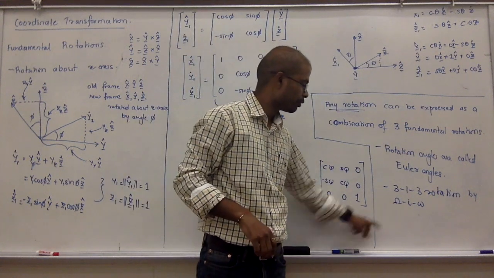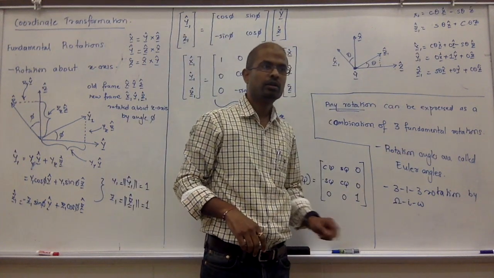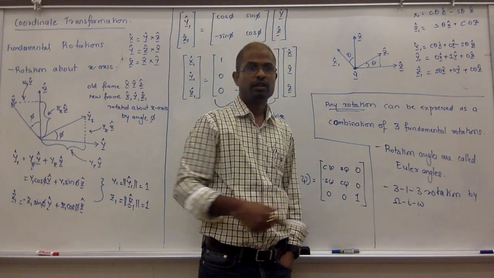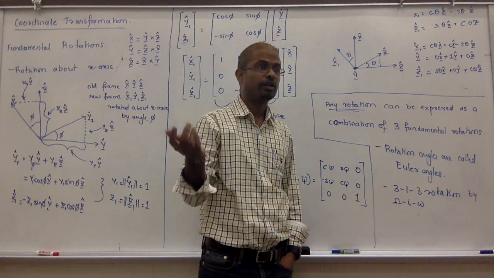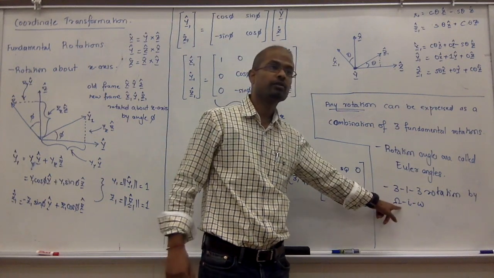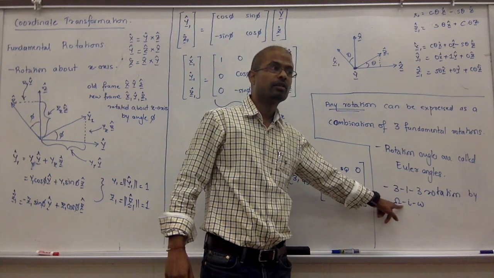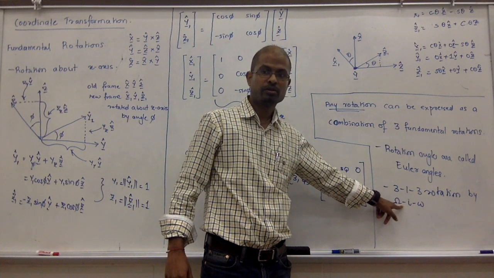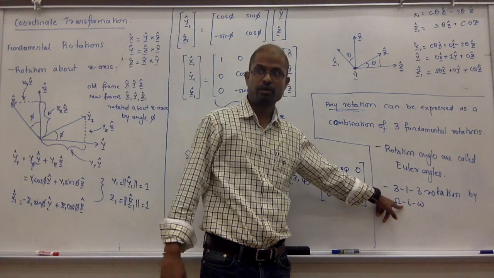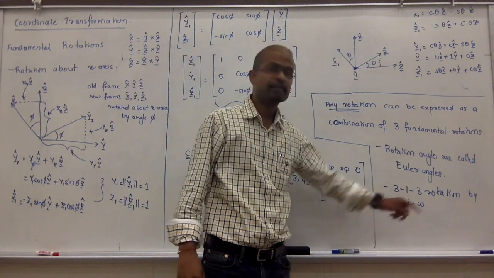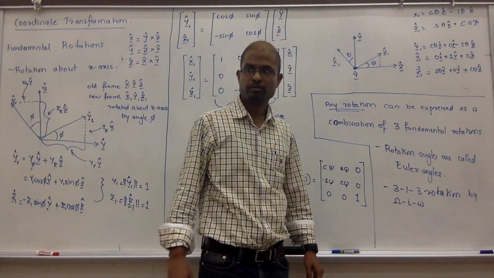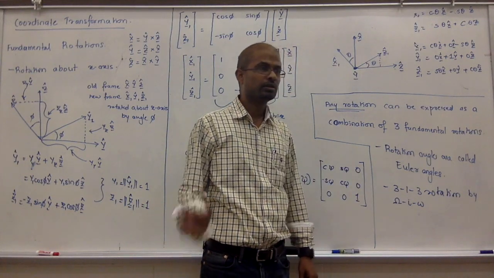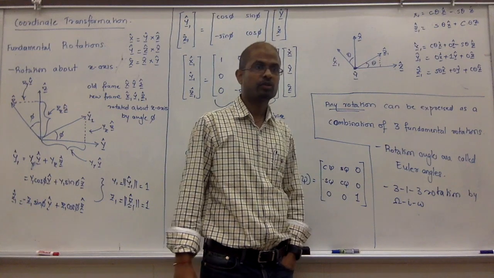So what is this capital omega? Capital omega is the right ascension of the ascending node. This is an angle, one of the orbital elements you looked at. i is the inclination. Small omega is the argument of periapsis or argument of perigee.